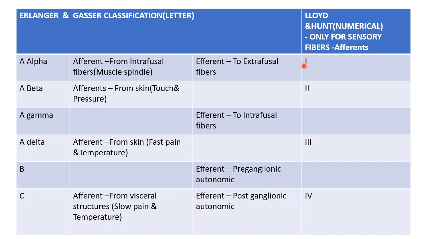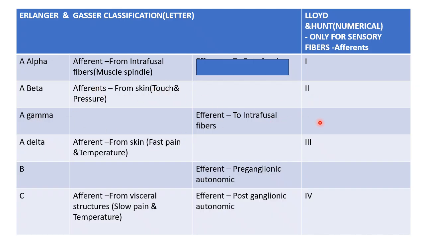What is 1? 1 is the afferent of A alpha. And what is numeral 2? It is the afferents from A beta, only afferents. So the afferents we take as 2.